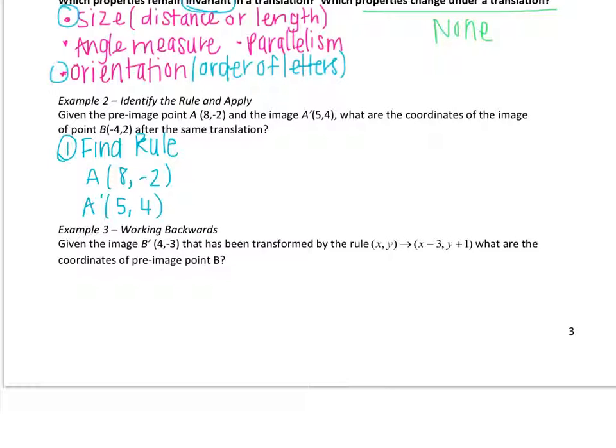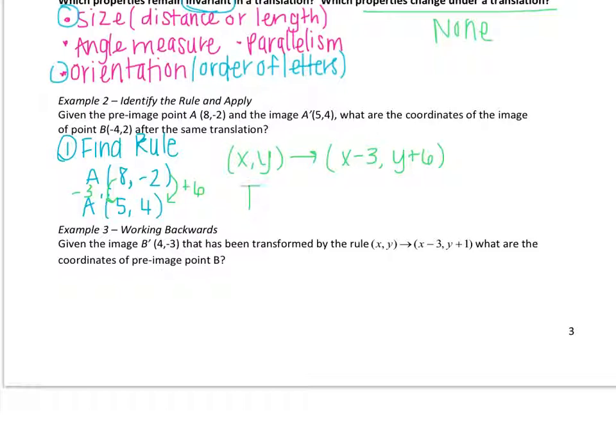And I have to figure out, how do I go from 8 to 5? How do I go from -2 to 4? So if I look at going from 8 to 5, it looks like I'm subtracting 3 from the x values. To go from -2 to 4, it looks like I have to add 6 to the y values. So it looks like my rule is taking (x, y) and mapping it onto (x minus 3, y plus 6).